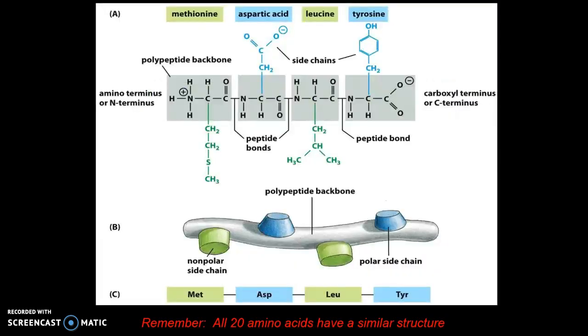You have amino acids. Different amino acids have different R groups, but they all have an amino on one side and a carboxylic acid on the other side. Then through a dehydration synthesis, that carboxylic acid will be joined to the amino on another amino acid.